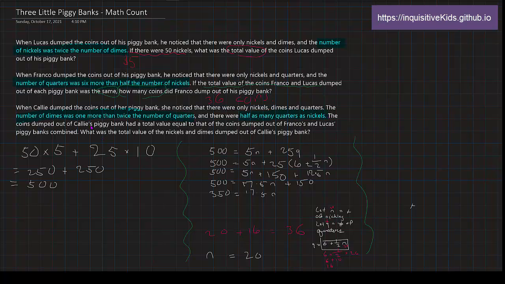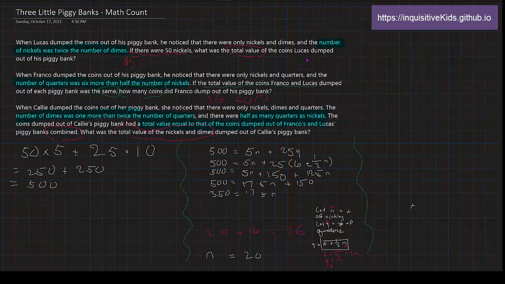The coins dumped out of Callie's piggy bank had a total value equal to that of the coins dumped out of Franco's and Luca's piggy banks combined. And notice how it says combined. What was the total value of the nickels and dimes dumped out of Callie's piggy bank?